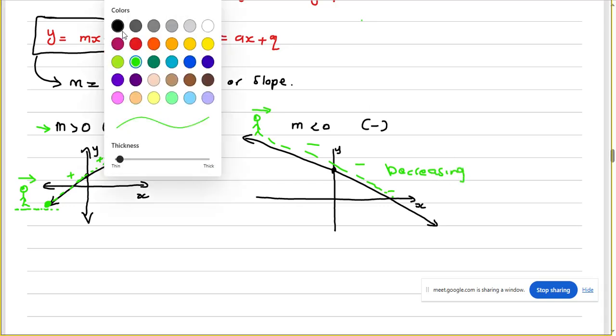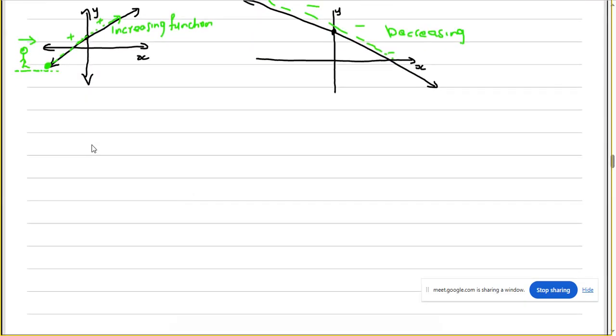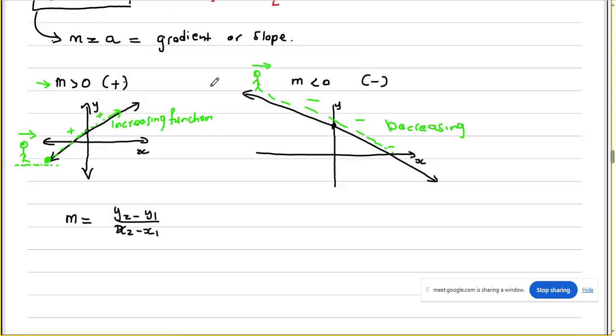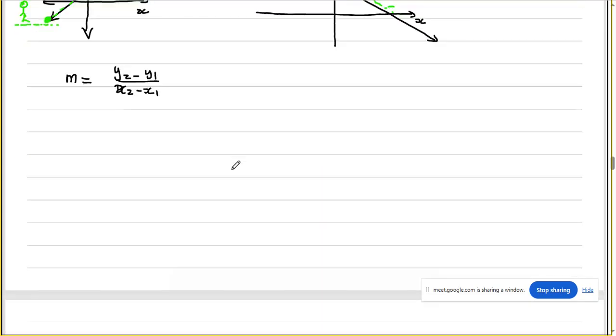So it's very important that you understand how to calculate that gradient. You need to have 2 points to find the gradient. Then you find the change in y and the change in x. So it's the change in y over the change in x, and that value of c from this graph, that's your y-intercept, when x is 0.